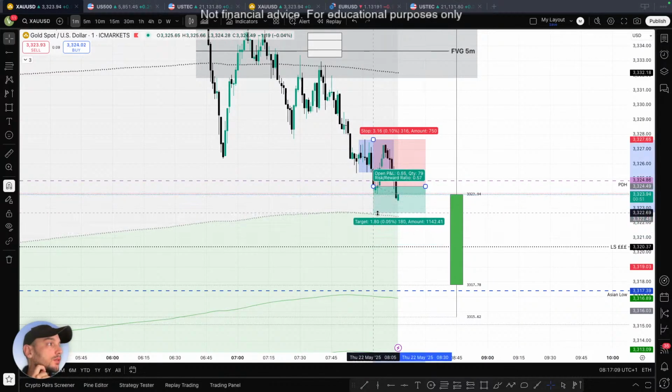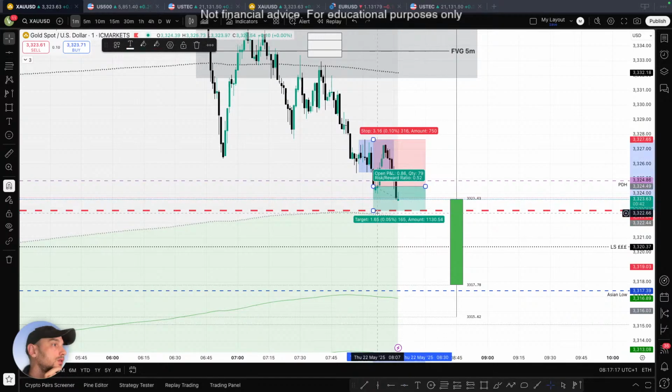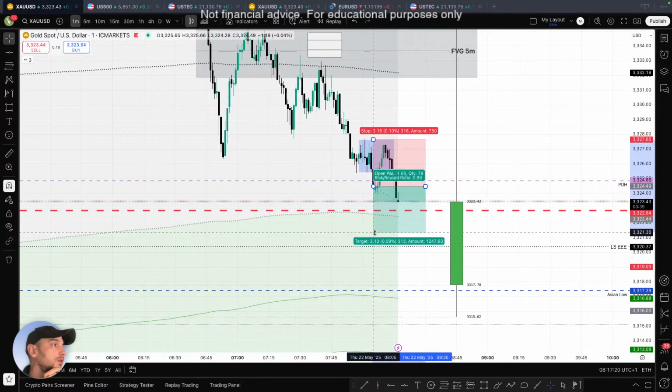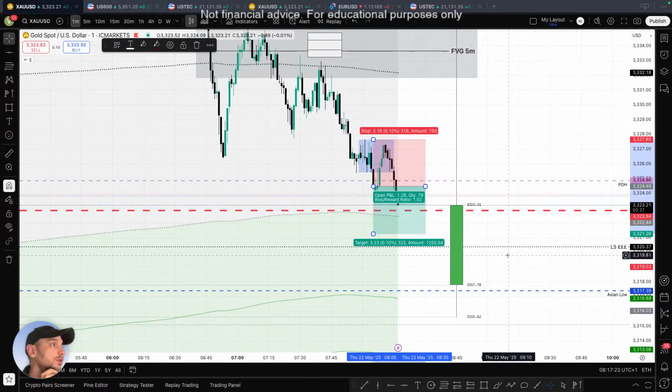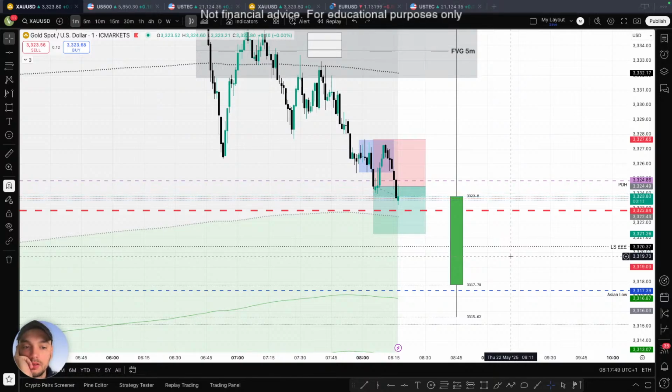Let me check 0.5. Up. This is break-even zone. We're almost there. Let's go back to gold. No, gold just decided to turn around again. Okay, good candle.